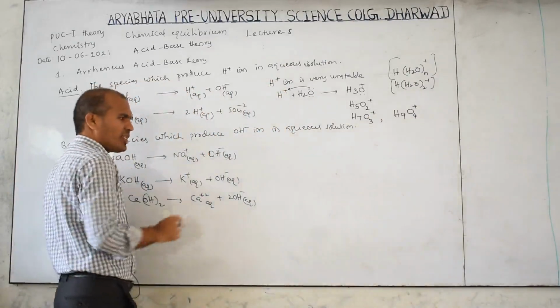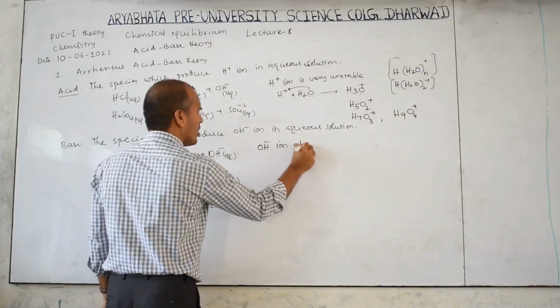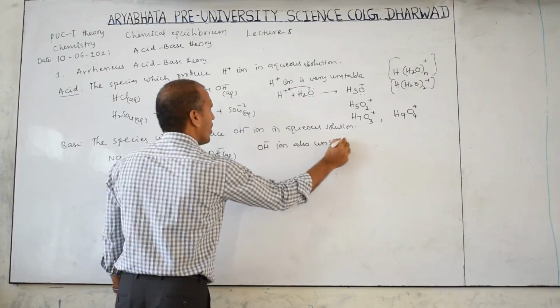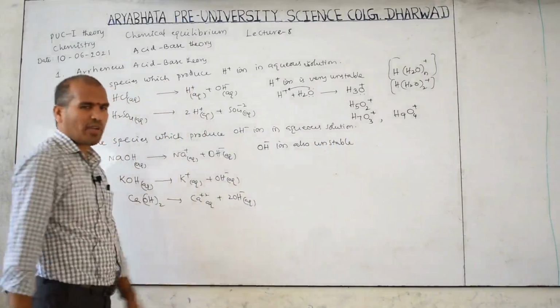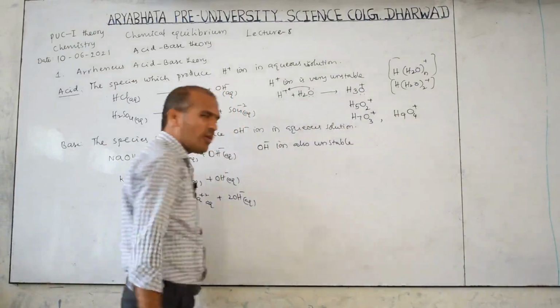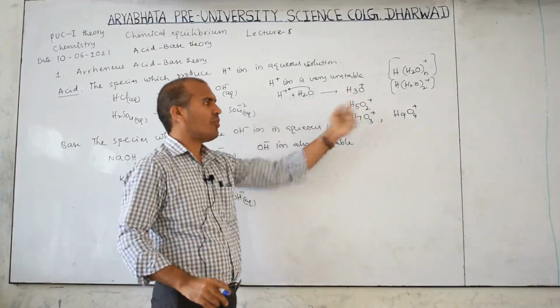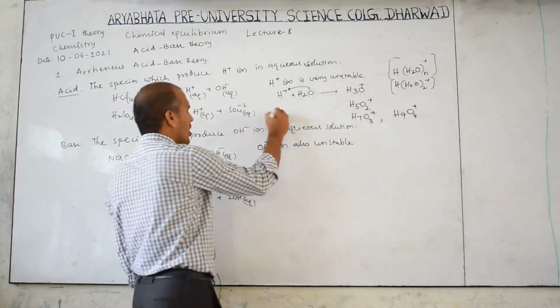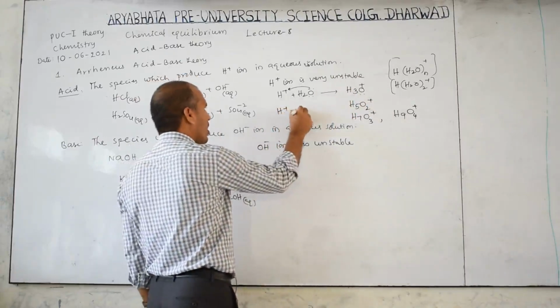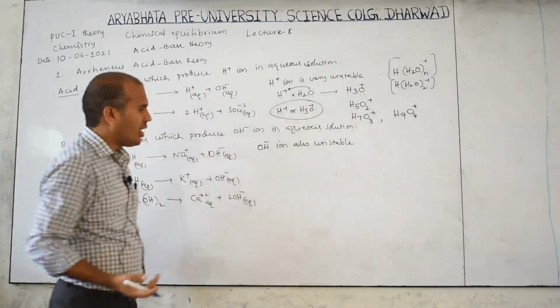Similarly, this OH minus ion is also unstable. When it is unstable, it does not exist freely. Therefore, keep in mind, like this, many forms are there for H plus ion, which is combined with water. So many forms are there, but frequently we use H plus or H3O plus in any equation.